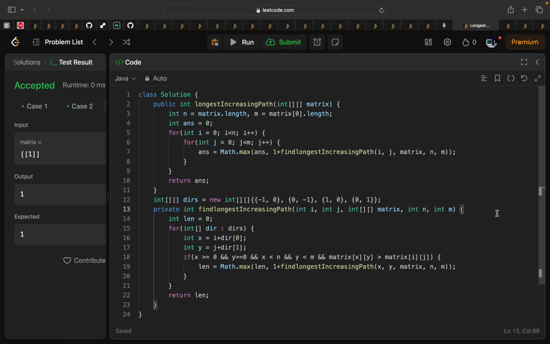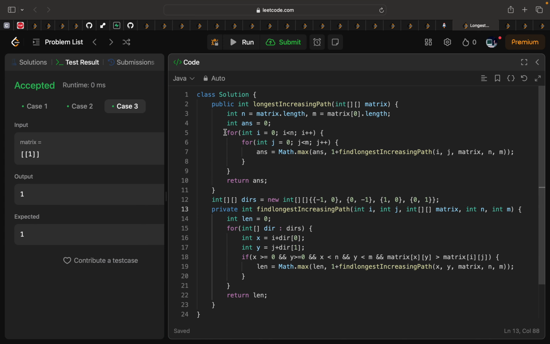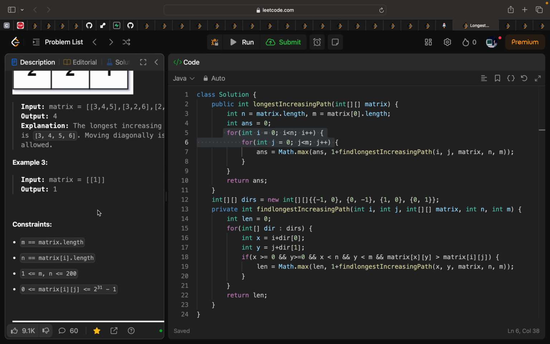Okay, so what will be the time complexity? This is n square, I mean n into m, and we are calling this particular function.